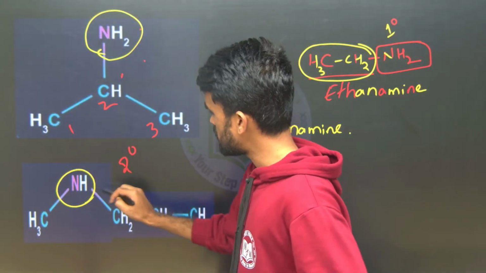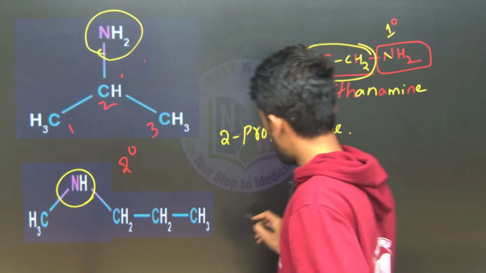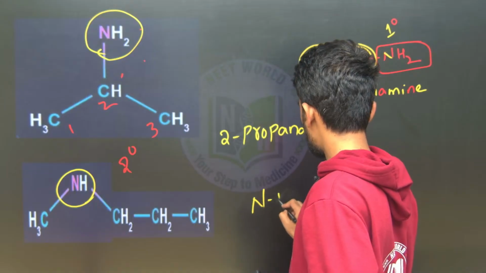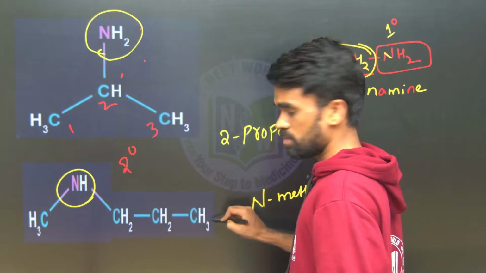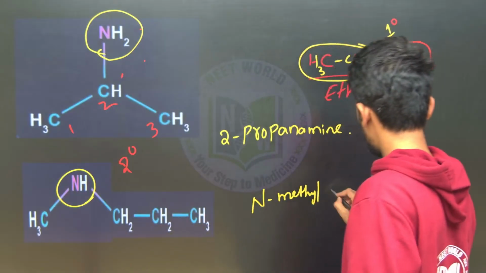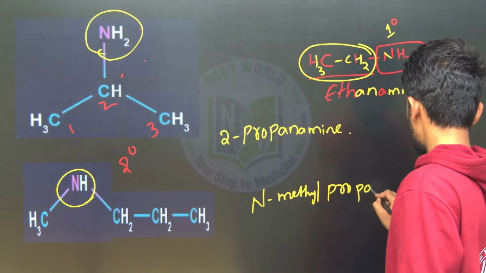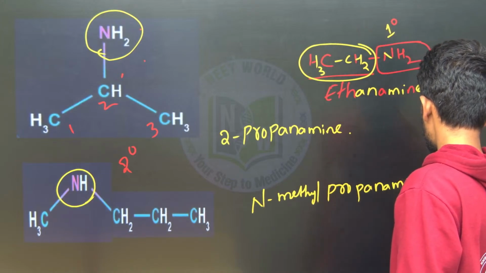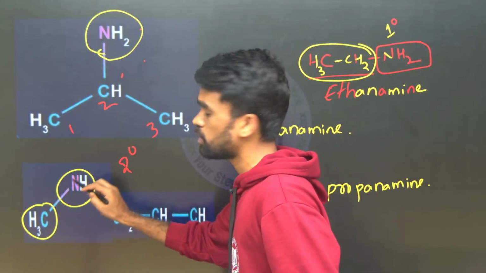So now this is a secondary amine. Now you should write N methyl. What is the chain? 3 propanamine. You need to indicate that the methyl group is connected to nitrogen.